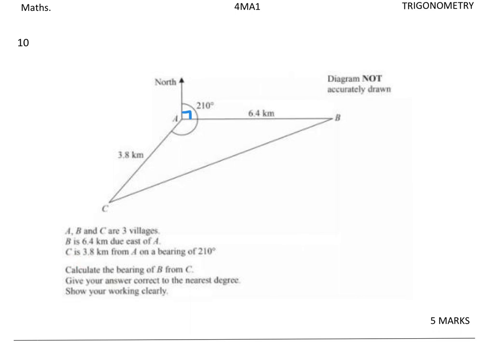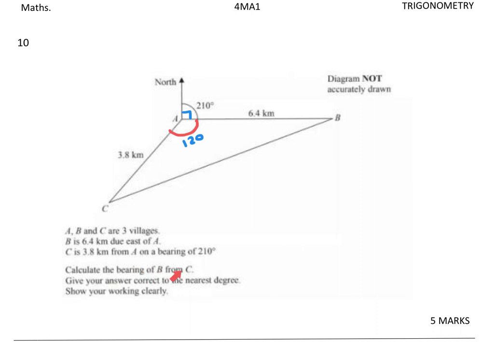C is 3.8 from A on a bearing of 210. So this angle is 210. Bearing angle is from the north, moving clockwise. So 210 minus 90 equals 120. So this angle is 120. That gives a triangle.